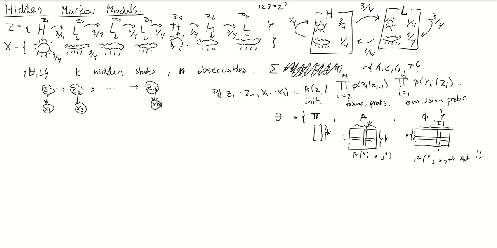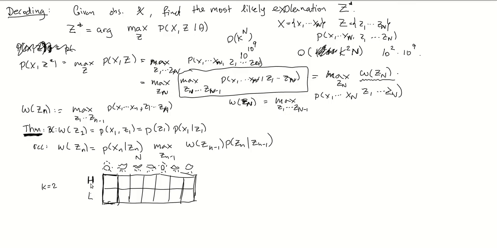So now we want to find the most likely combination of these, given our hidden Markov model and given H and L, given these observations. Great. So given initial probabilities, you'd be able to compute these values following this formula. And then let's say I wanted to compute this guy.